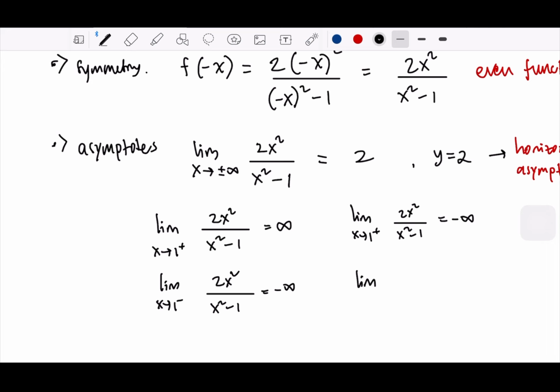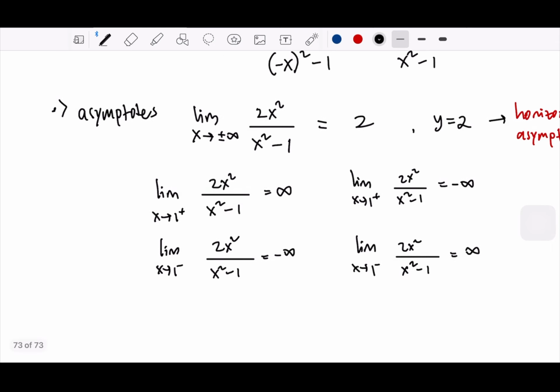So we'll have plus minus infinity for both cases. So conclusions, x equals 1 and x equals negative 1. They are the vertical asymptotes.